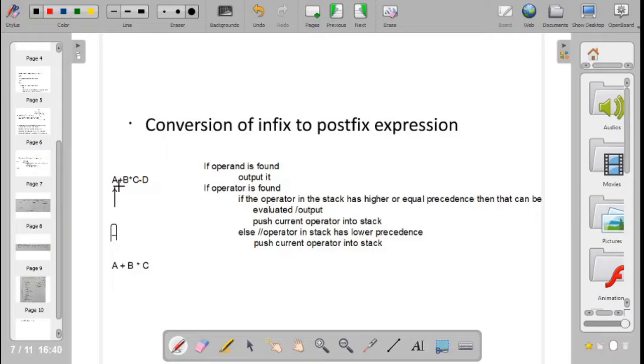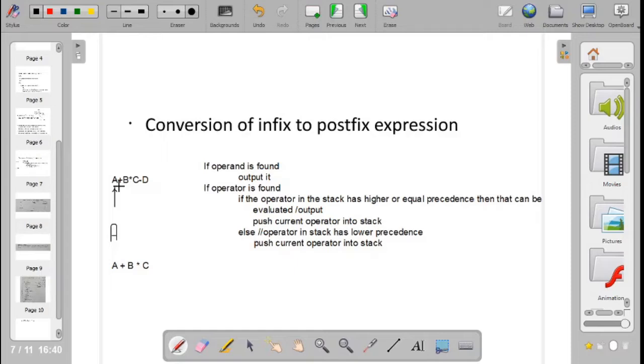When you take an operator, it is actually not possible to decide at this point whether it has the highest priority. Operators with the highest priority are the ones we evaluate first, or output first.